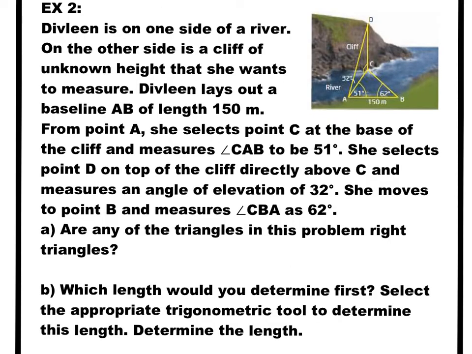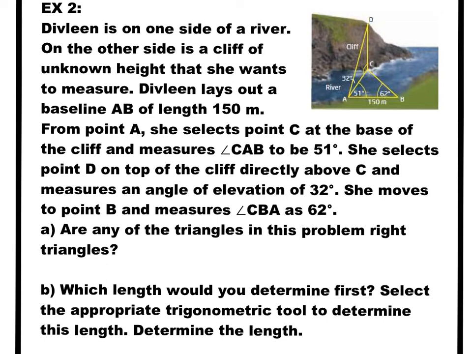In the next example, Divleen is on one side of a river at point A. On the other side is a cliff which we are supposed to find the height of. Divleen lays out the baseline AB of length 150 meters, as shown on the diagram.